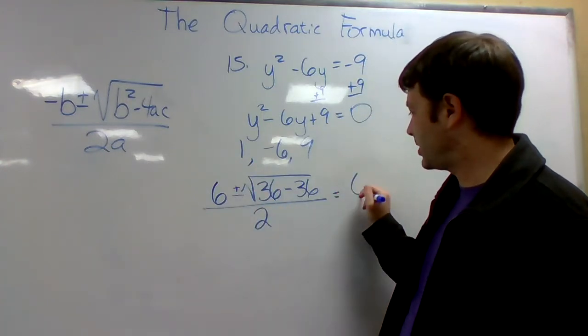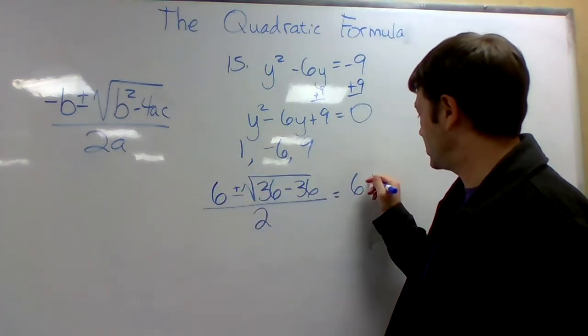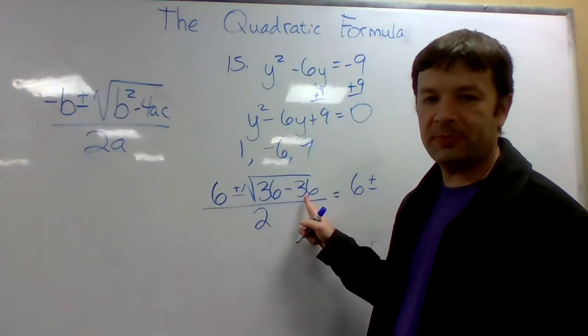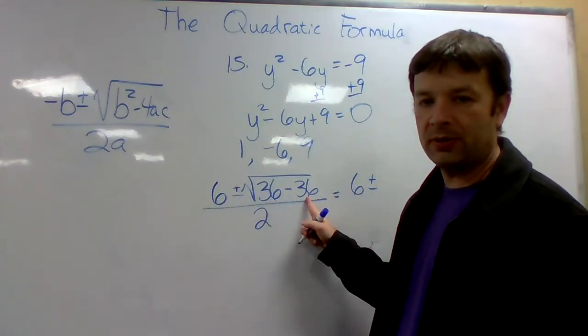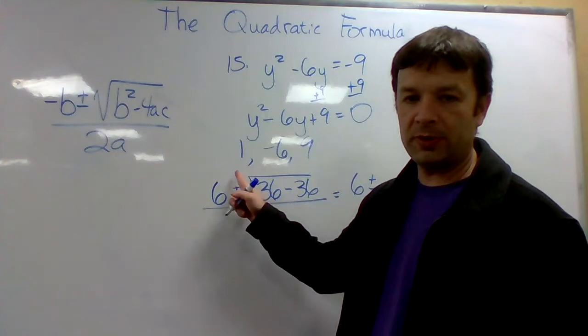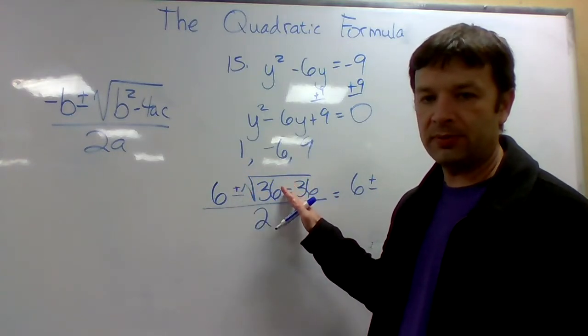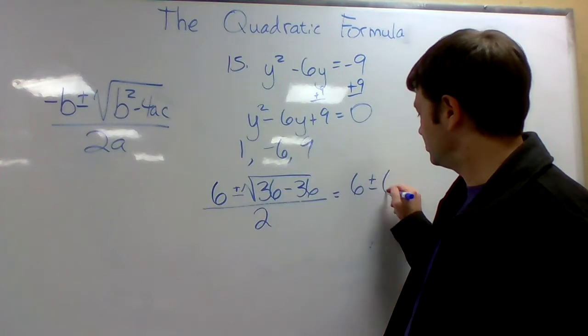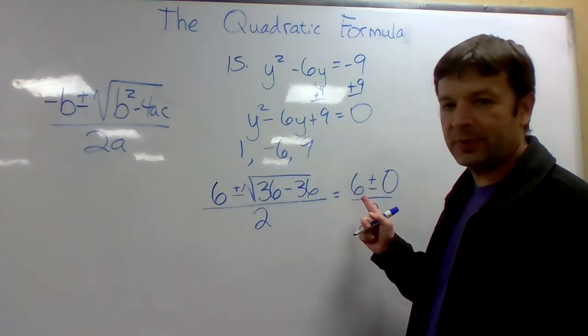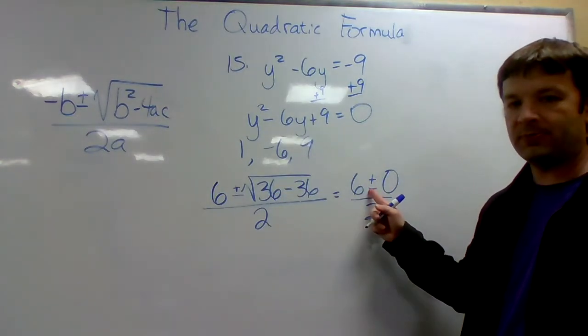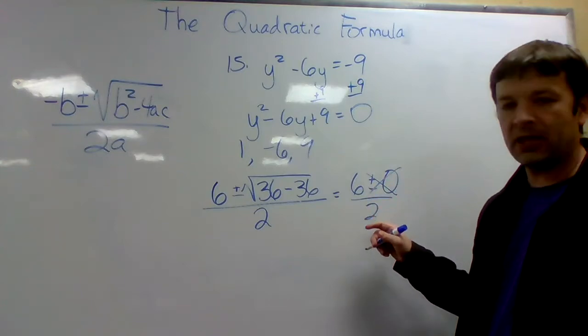Okay, something weird is happening on this one. We got 6 plus or minus. 36 minus 36 is 0. What's the square root of 0? 0. So 6 plus or minus 0 divided by 2. The plus or minus 0 is like doing nothing for us.